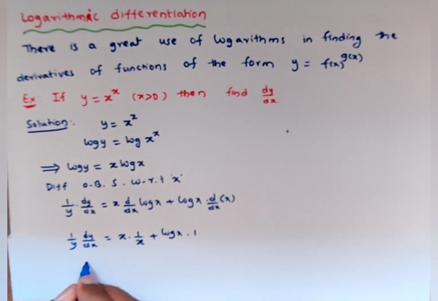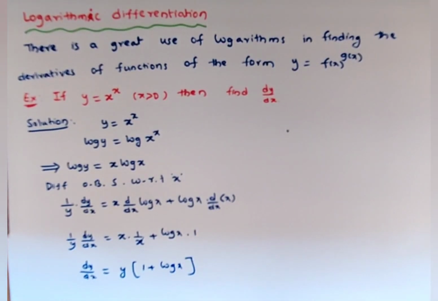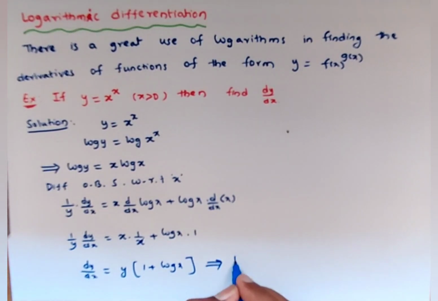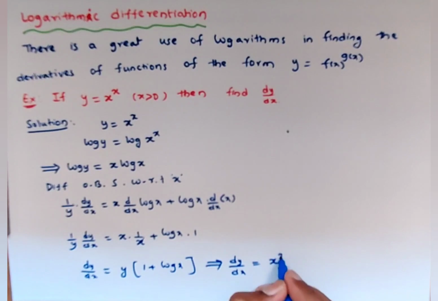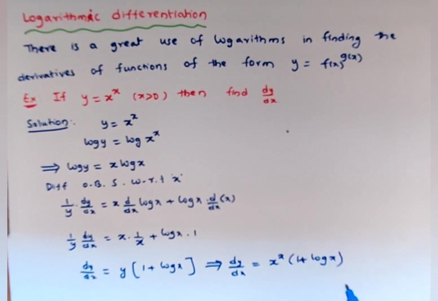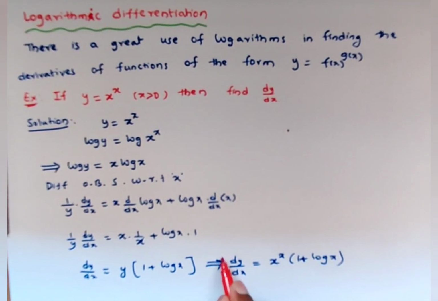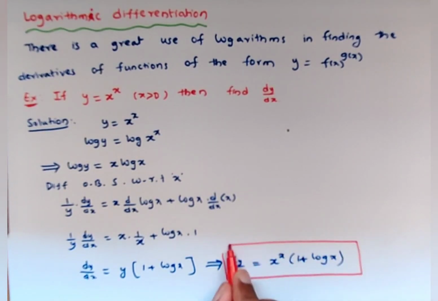Finally, dy by dx is equal to y times, here x and x get cancelled, so it is 1 plus log x. So dy by dx is equal to y, that is x to the power of x, times 1 plus log x. So the derivative of x to the power of x is x to the power of x into 1 plus log x.